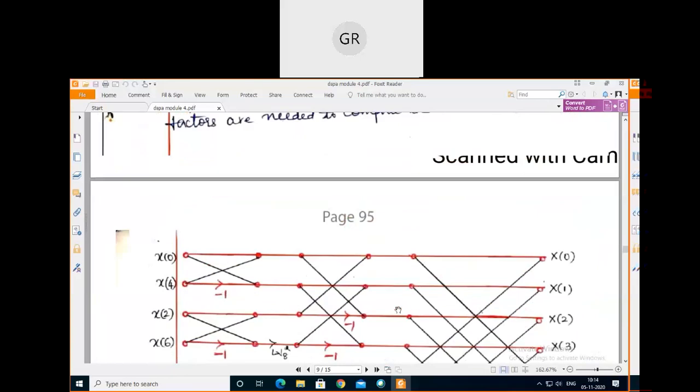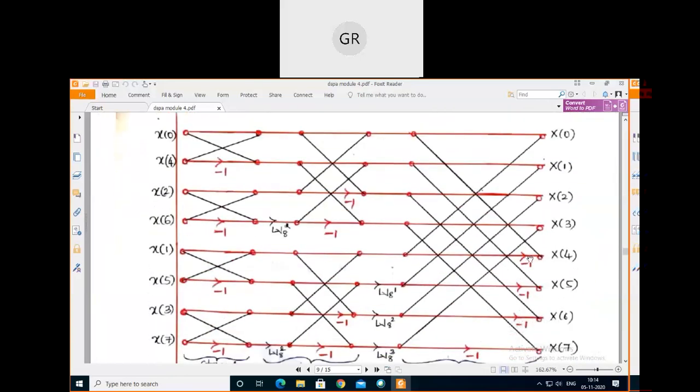See here, exact reverse of this one. Here the inputs I will write here, then you will get it. Butterfly structure DIF. These are the inputs. Small x you can write. Small x, small x, small x.